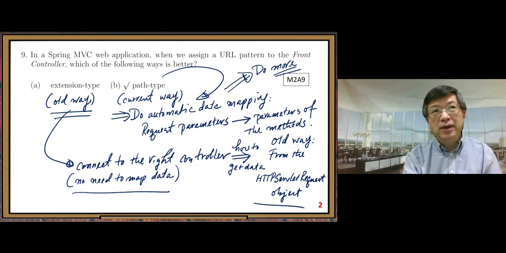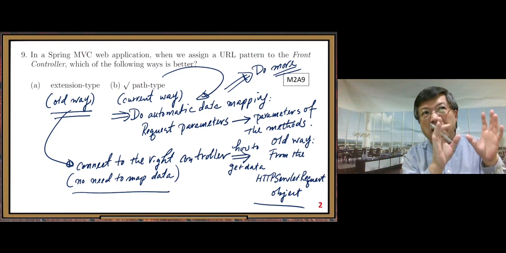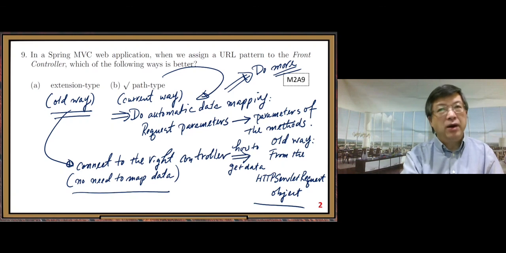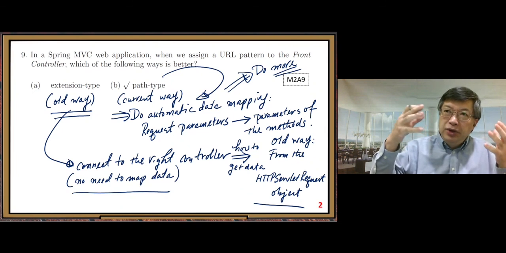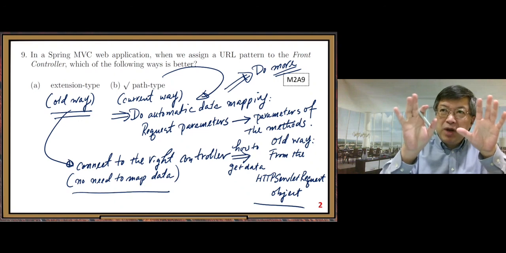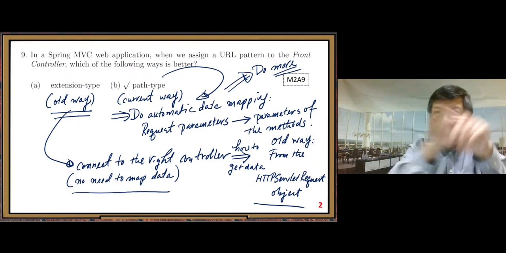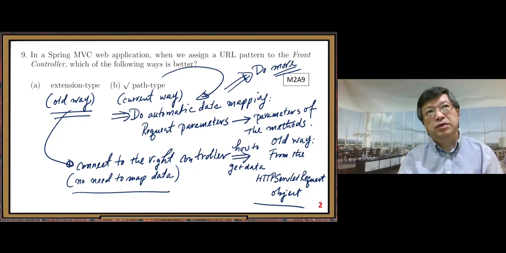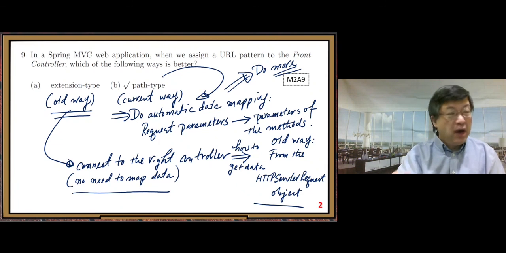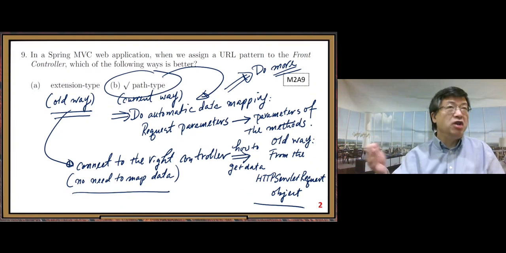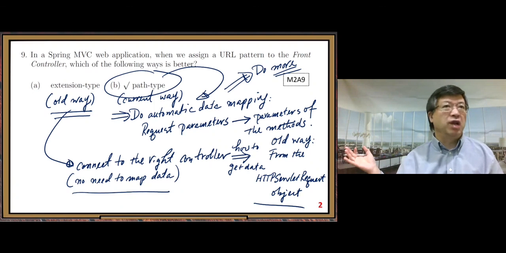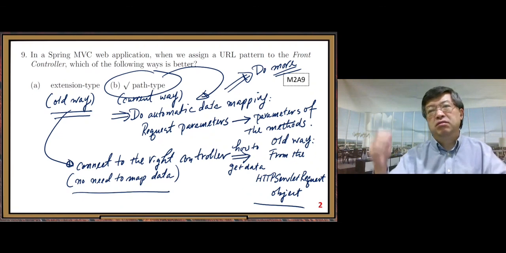When you do mapping, you can follow some patterns. That part we will cover later; sometime I will describe how to do the data mappings using some special patterns. So you can see you have a lot of potential using this way, but the old extension way has no potential. Only one thing you can do.